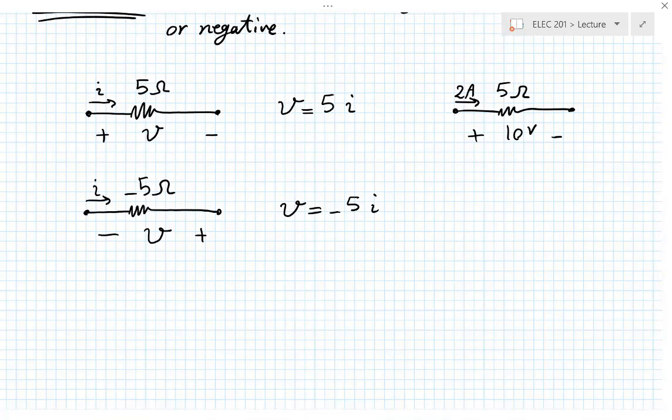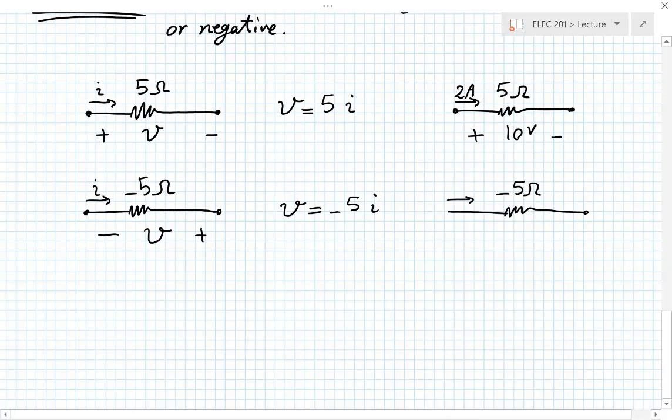In the bottom circuit, if I have I equal 2 amps again, what will my voltage be? So I have this minus 5 ohm, I have 2 amps. Have fun. What is it?